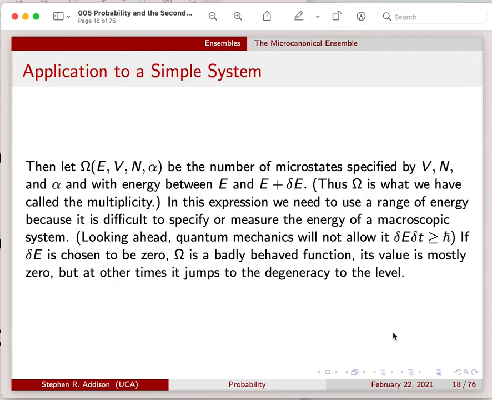And if we chose delta E to be 0, it would turn out that omega would be a mathematically badly behaved function, in that it's 0 most of the time, but at others it jumps to the degeneracy. So we don't want that to happen.